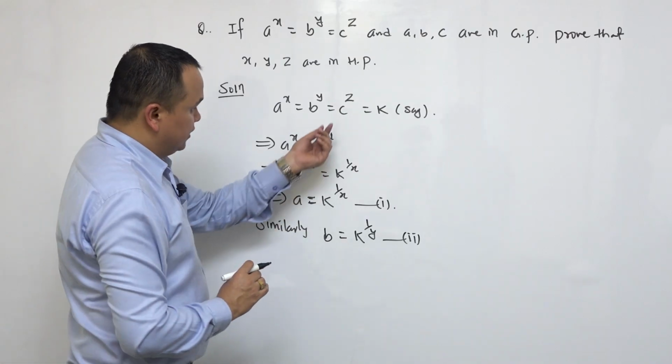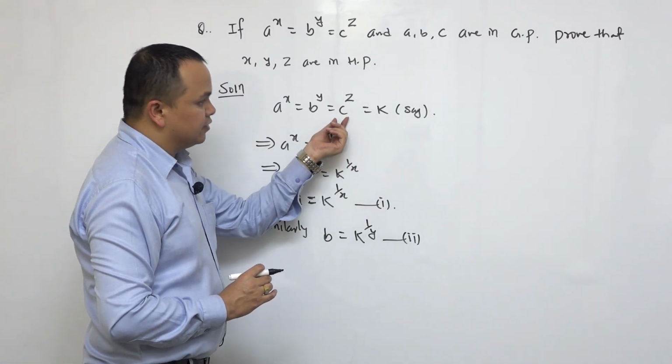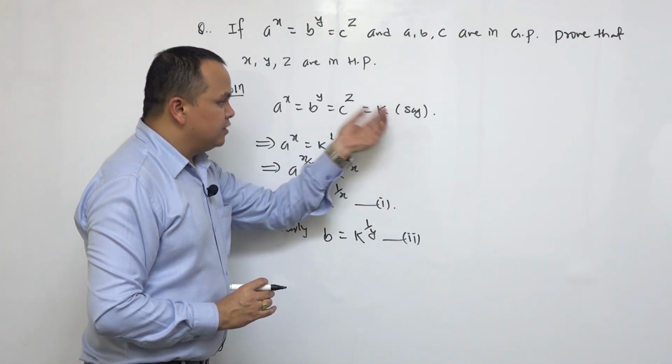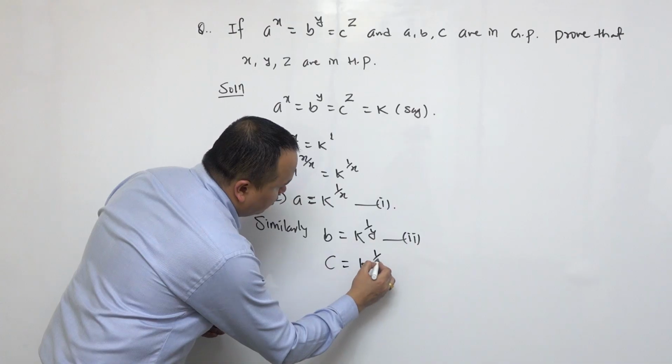Similarly, if we take C to the power Z is equal to K, then C is equal to K to the power 1 upon Z.